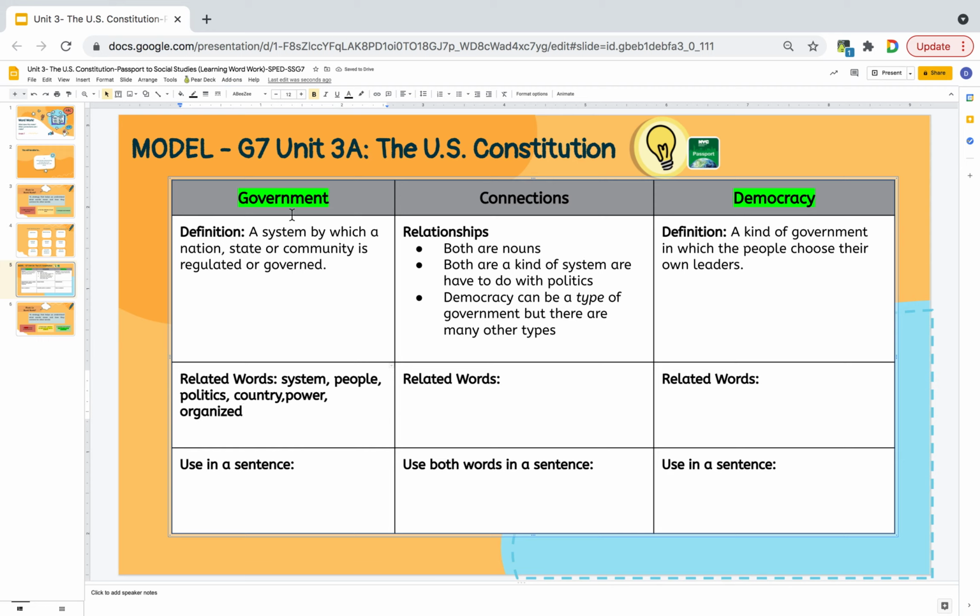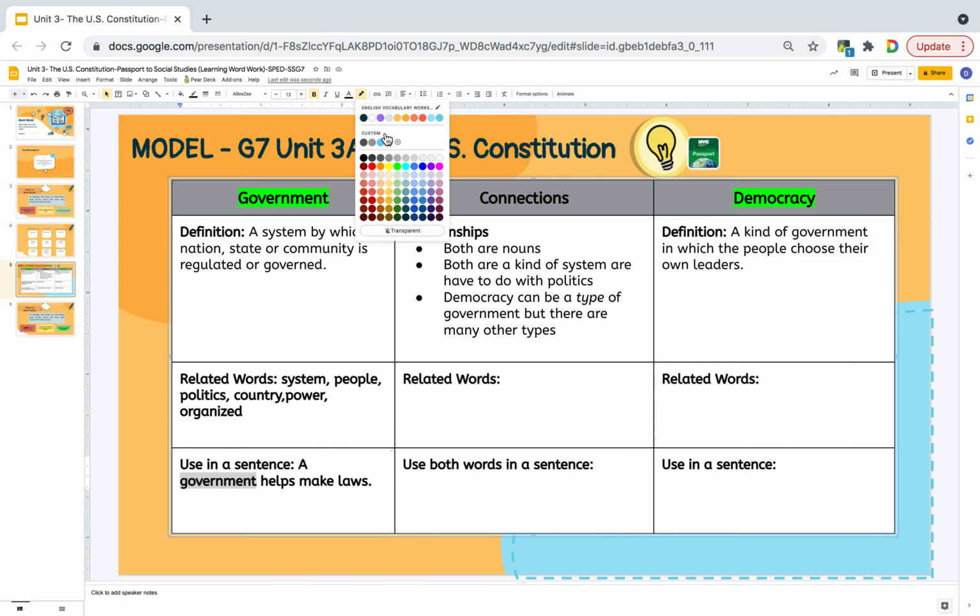And then I'm going to use that word in a sentence. So a government helps make laws.